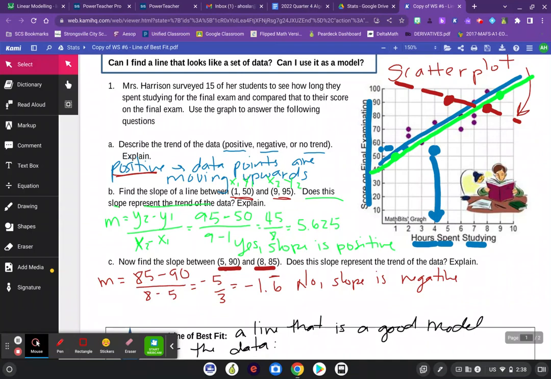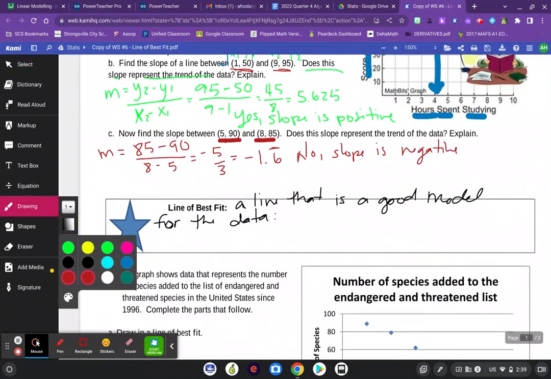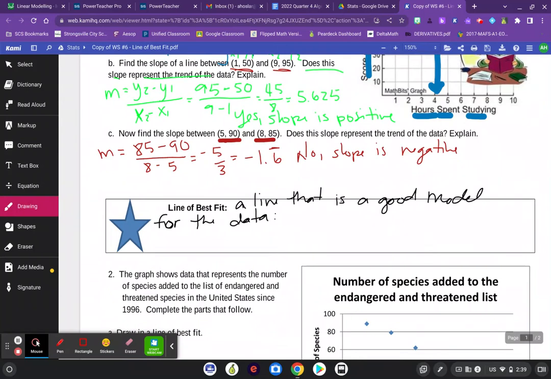And so those are some of the criteria that are helpful when it comes to drawing in that line of best fit. So we want to move in the same direction as the data. We want to have the same steepness as the data.